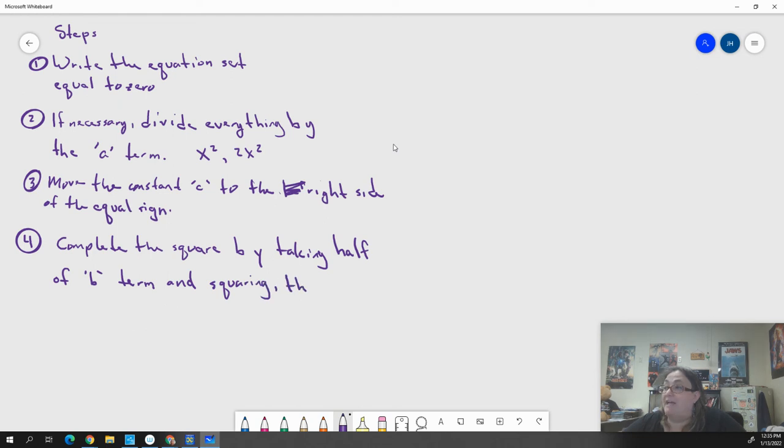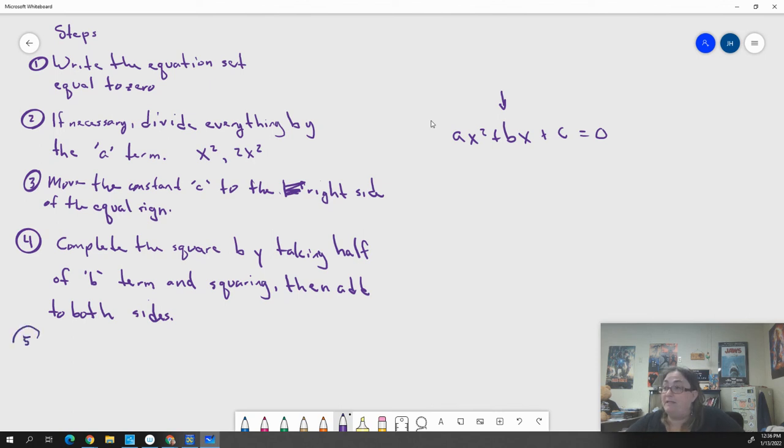And then we're going to add that to both sides of the equal sign. So basically, when we have our ax squared plus bx plus c equals 0, we're going to take half of the b term, square it, and add it to both sides.